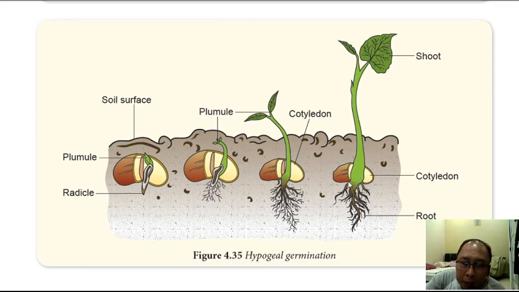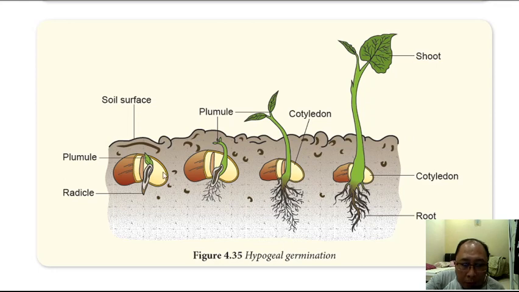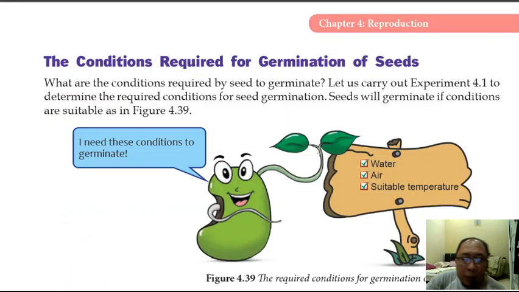This means that the cotyledon still remains in the soil like the diagram shown here. So you can see the process of germination. The radicle will grow to become the root, and then the plumule will develop to become the shoot. So now this is the new plant produced from the germination process.